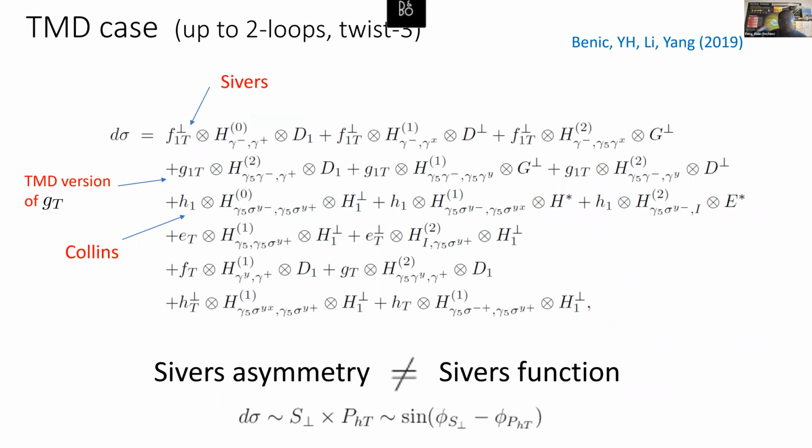So one of the questions, of course, is that the Sivers contribution to this asymmetry really depends on TMD. So I'm wondering, do any other terms in this expression also have TMD? Oh, so all these terms are TMDs. So these are all TMDs.